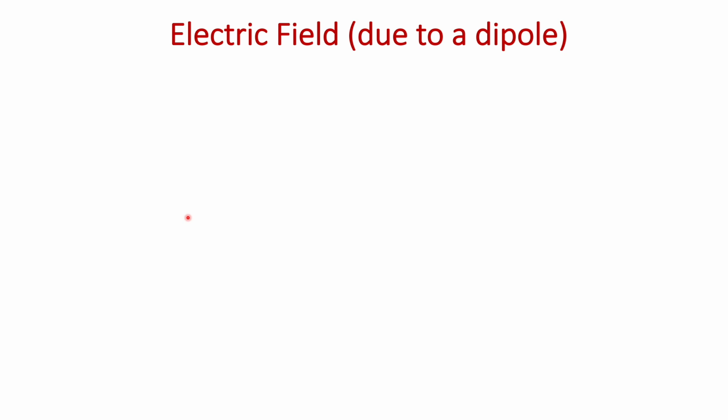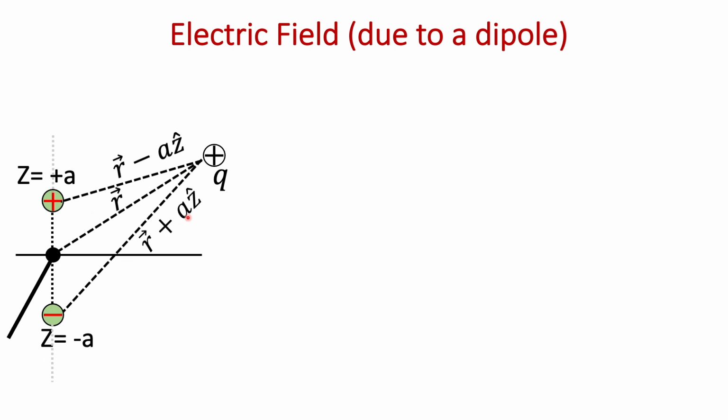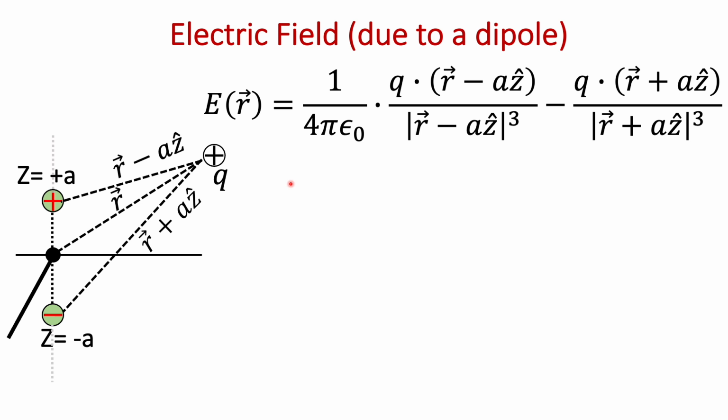For example, let's take the case of a dipole. If you have two charges, a negative and a positive charge, separated by distance 2a, the electric field due to these charges, or this dipole, on a test charge kept at a distance r is simply the force per unit charge.